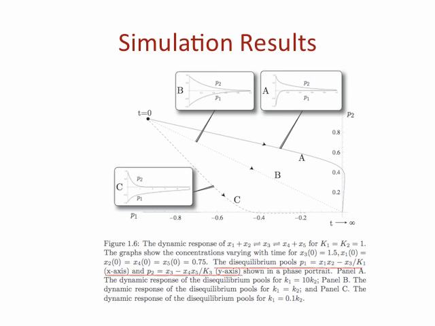In panel A, I have made pool 1 faster than pool 3. So you see pool 1 shoot across horizontally to the y-axis and then move vertically down the y-axis as pool 2 relaxes. And trace C is the opposite case where I made pool 2 fast and pool 1 slow.